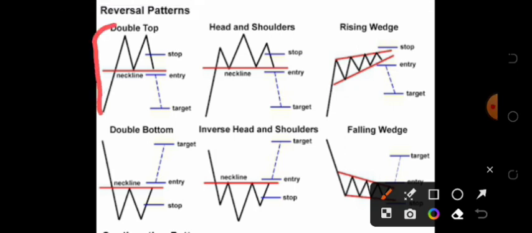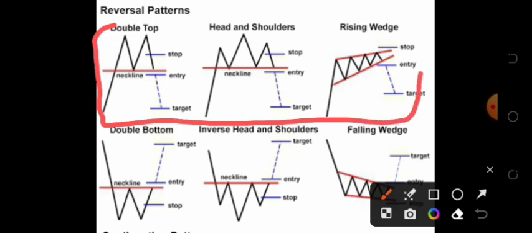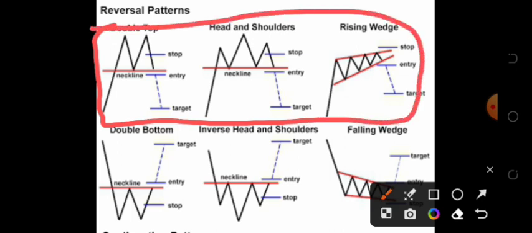These three patterns are the bullish reversal patterns, which means that whenever you see these three patterns in a bullish market, we definitely expect the price to reverse downward. What you will do at that time is open your position and set your stop loss and target.